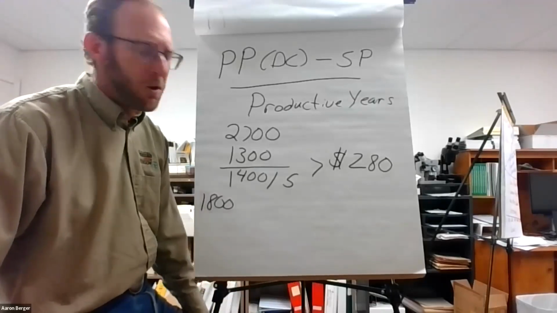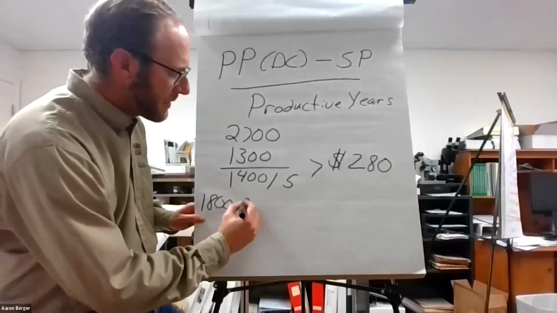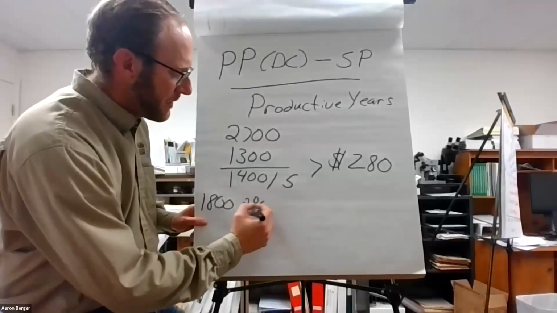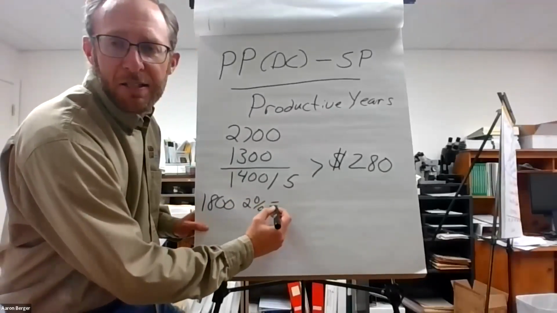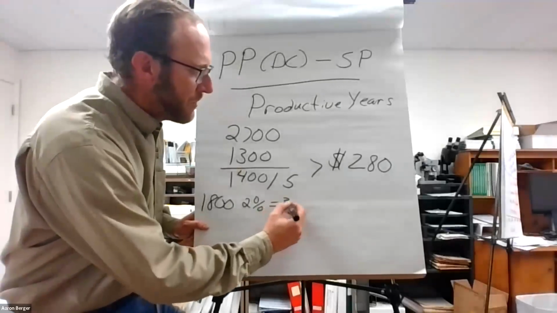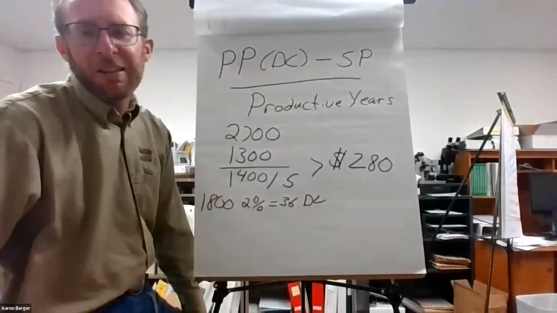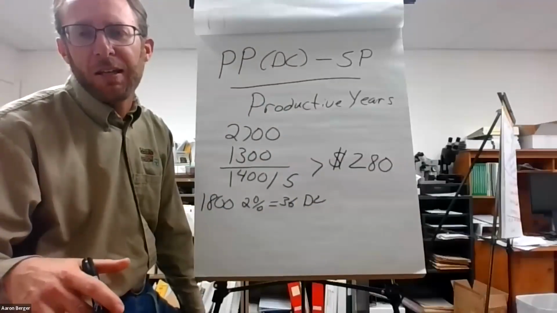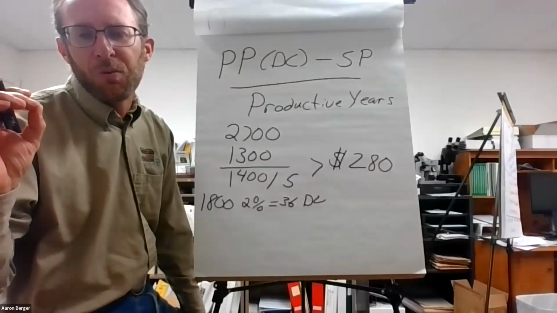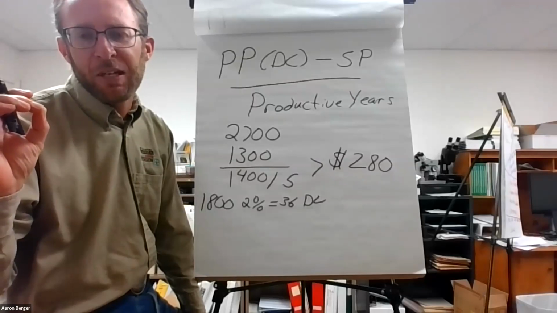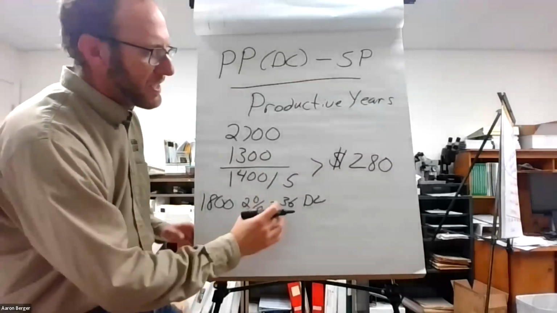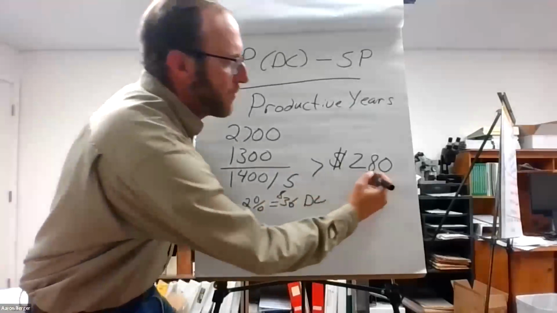So 2% on 1,800 is $36. Okay, so we've got 280 in depreciation, and then we've got those cows that are fully depreciated, meaning they're worth 0. We don't get anything back from them, right? We have to take that into account. So let's add that $36 to our 280.